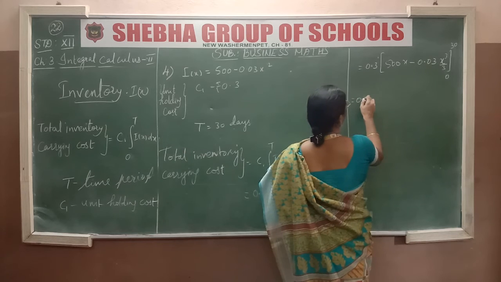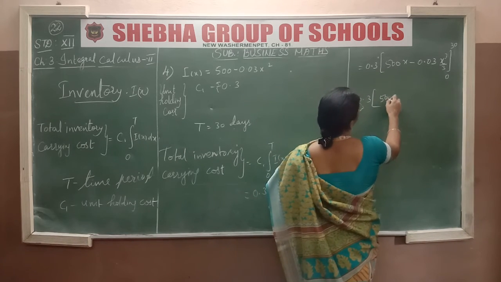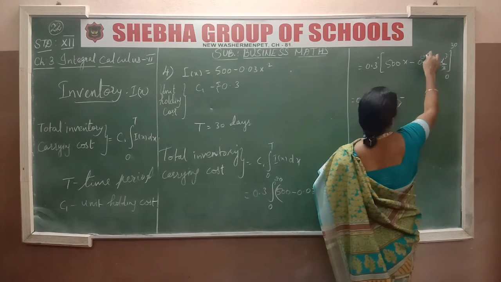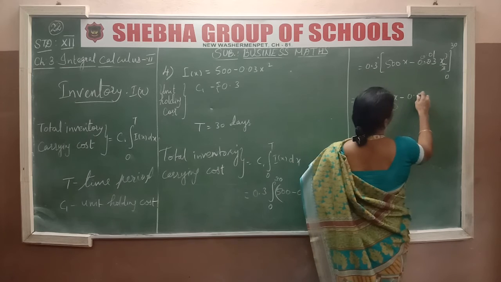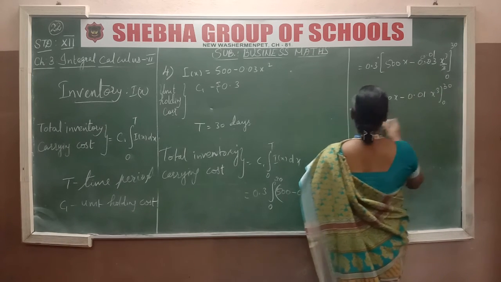Equal to 0.3, common, 500x minus, cancelling we get 0.01 x cube, and the limit is 0 to 30.